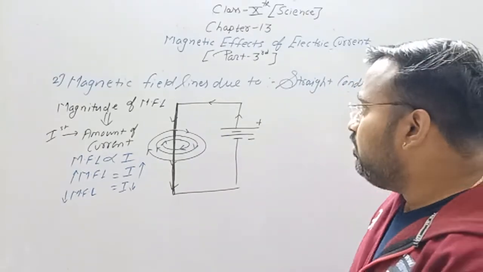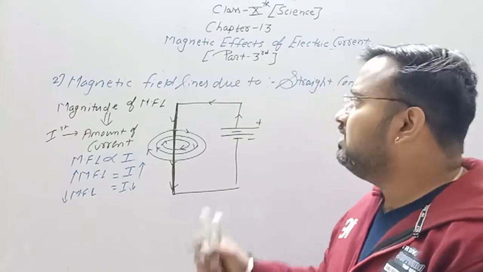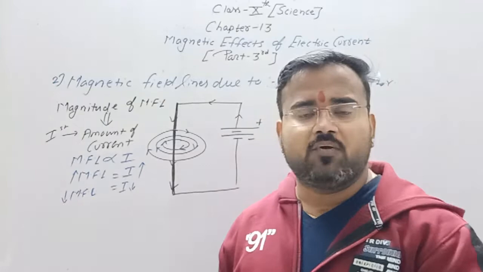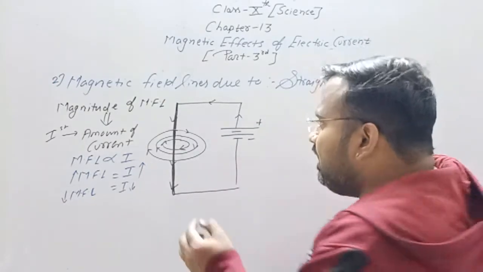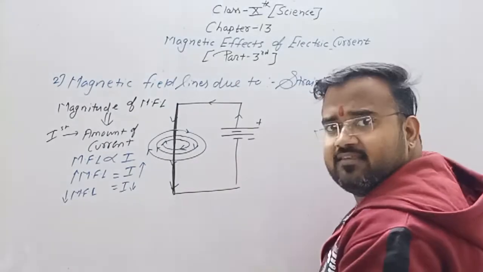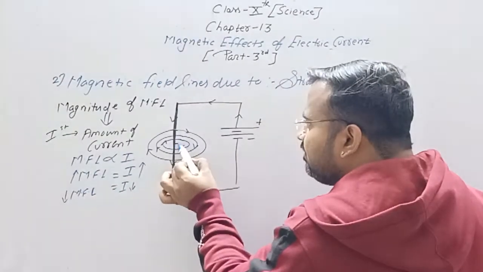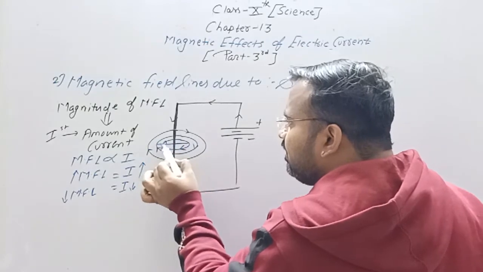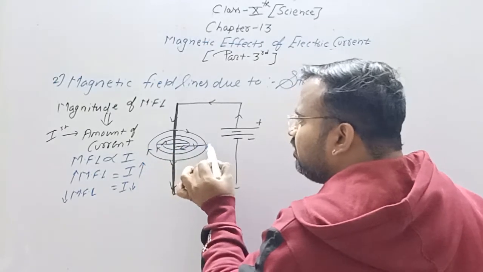Clear? Now, the second factor on which the magnitude of the magnetic field depends is the radius. See, this is the radius of the first circle, this is the radius of the second circle, and this is the radius of the third circle.